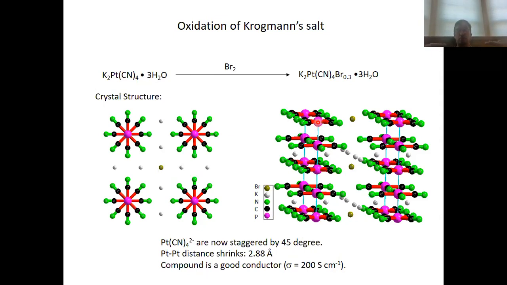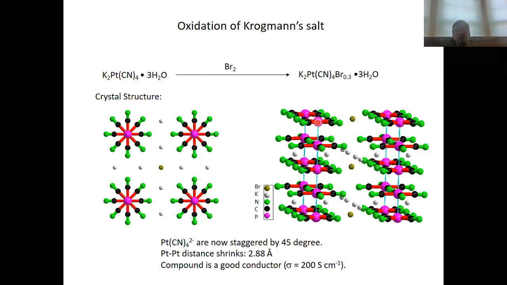In the other 2 dimensions, you will not find a significant conductivity. So this means that your compound, the Krogmann salt, is a one-dimensional conductor. Okay, it conducts in one dimension of the crystal, but not in the second and the third dimension.